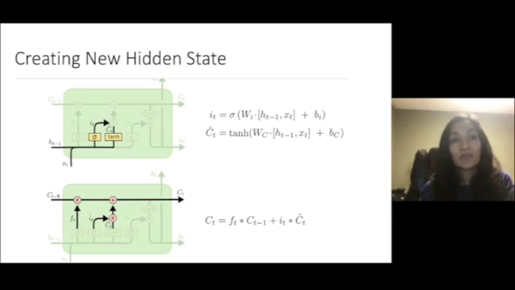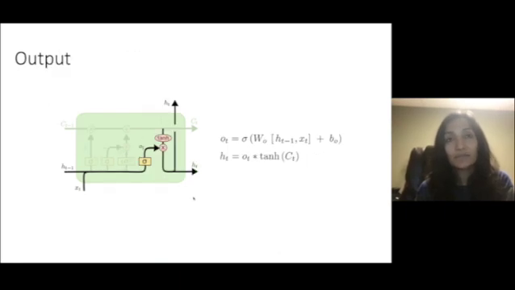So you're forgetting some of the previous state and you're adding new state in. And that's how this running state works in an LSTM. And finally, it does have an output that you can output at each stage that's also controlled by this kind of a sigmoidal function, which takes into account the running state as well as information from the ordinary hidden state and the input.